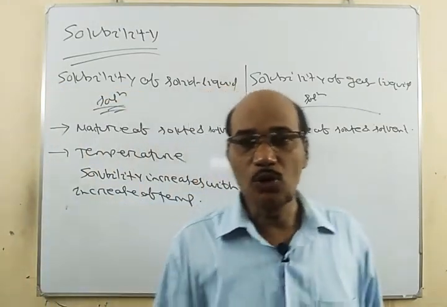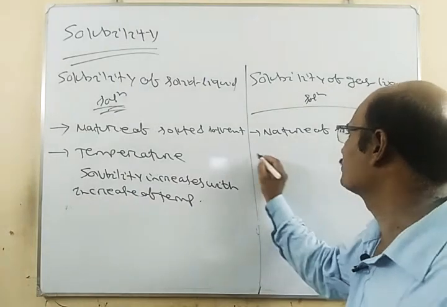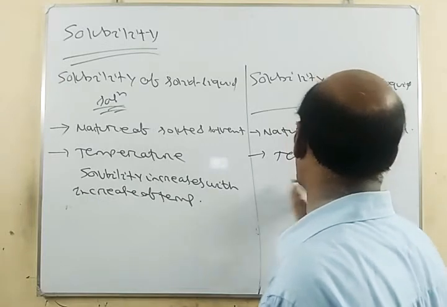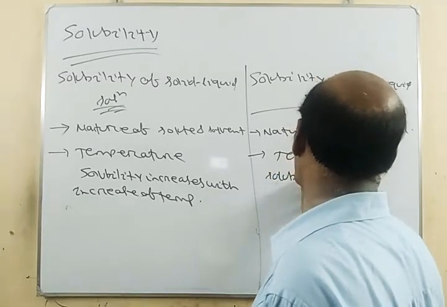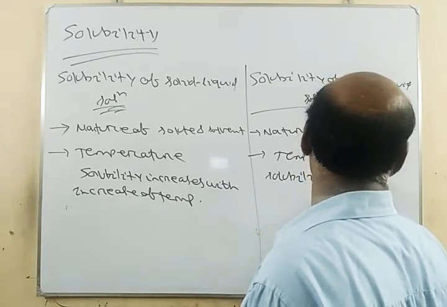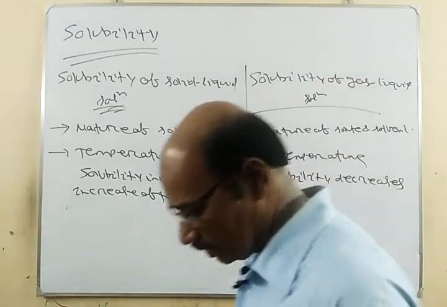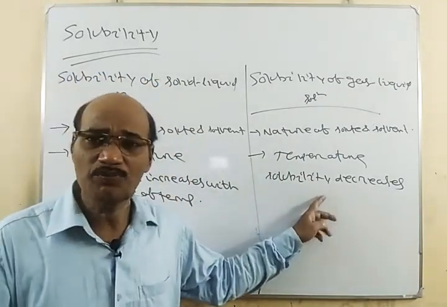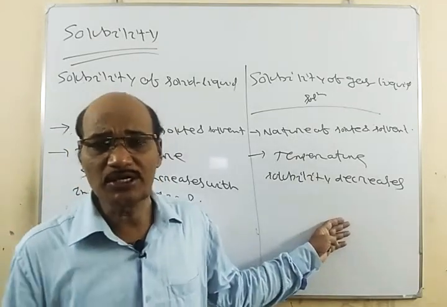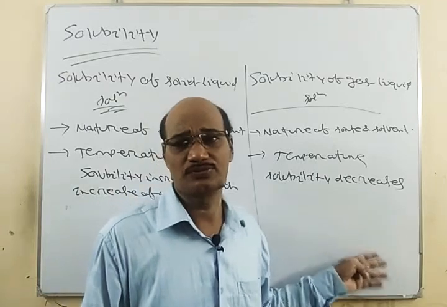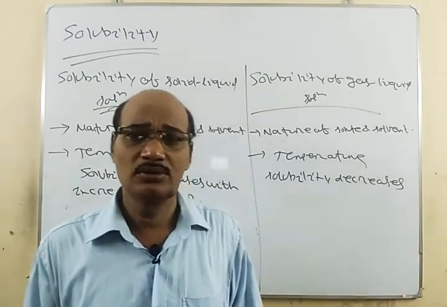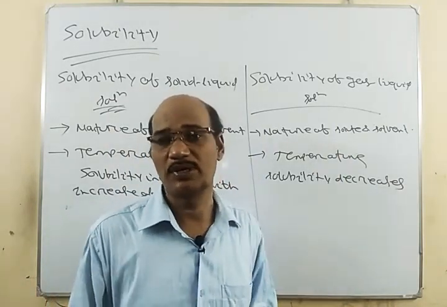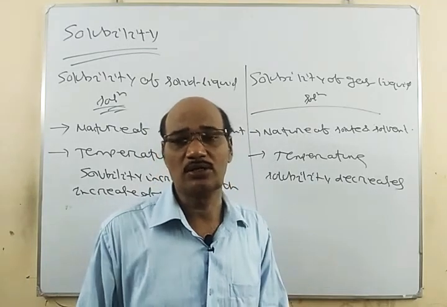But in the case of gases, with temperature the solubility decreases. The solubility of gases decreases with increase of temperature. Take the example of aquatic animals. In summer they come to the surface of the water to get oxygen, because in the deep water there is no oxygen.